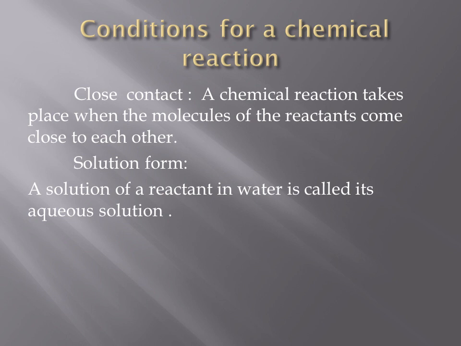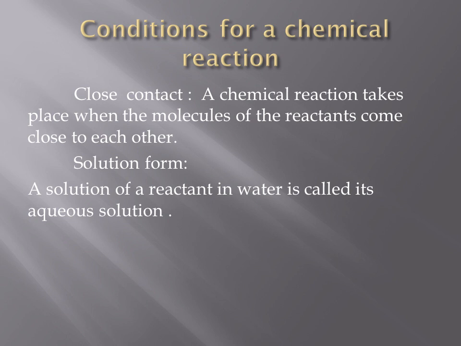For example, when sodium chloride and lead nitrate solids are placed in contact with each other, no reaction takes place. If you keep sodium chloride and lead nitrate solids together, or mix them together, there will be no reaction.